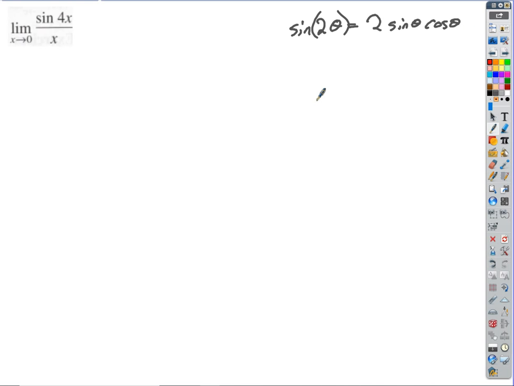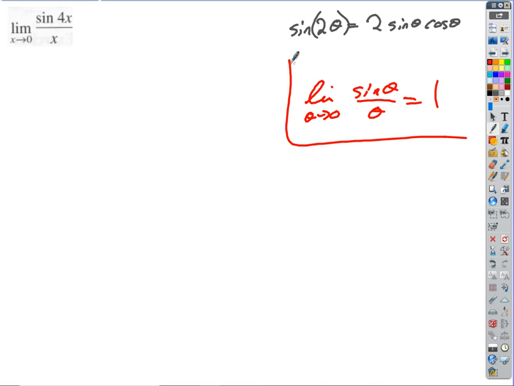Here's our special limit. I'm going to write it with theta. So if you look at these two parts, we've got the sine 4x over the x. Which part is easier to work with algebraically?